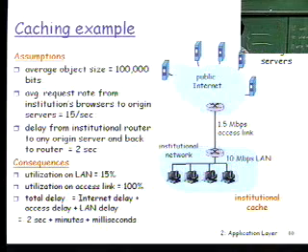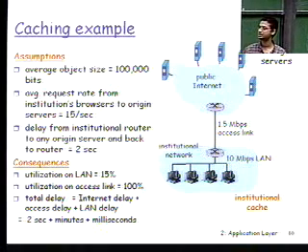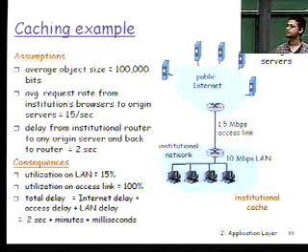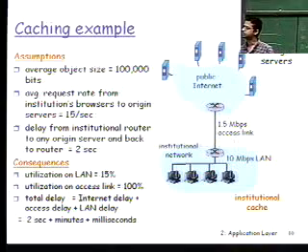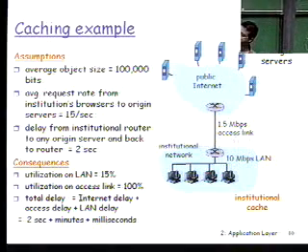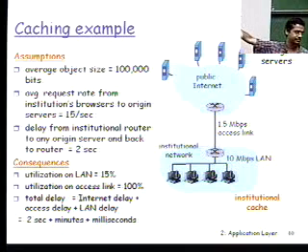And then you have origin servers which are spread across the public internet, and requests from these browsers are arriving at the rate of 15 per second. You assume that pipelined HTTP 1.1 is being used. So the delay from the institutional router to any server and back with the web page is 2 seconds.